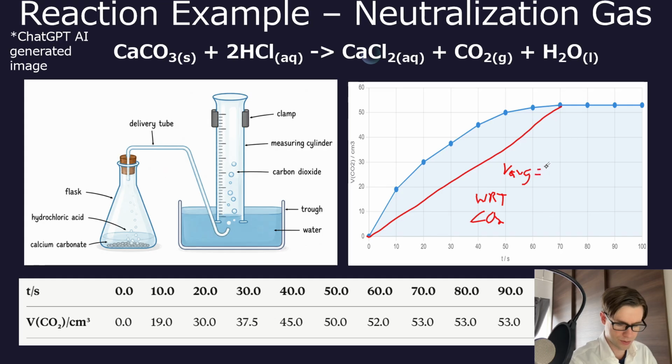This is equal to, now we don't know what kind of volume of solution this was in, so we can't find mole per decimeter cubed, but we can find something related to that, which is delta V, change over time. So we went from 0 to 53, you can see in the table below.